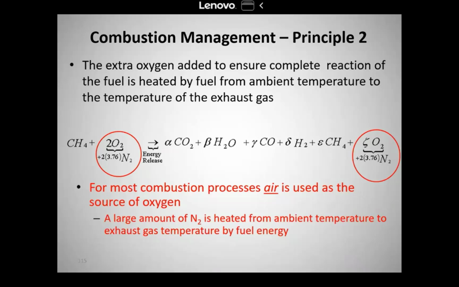So in that equation, I need 2 O2s, so I've got 2 times 3.76 N2. In the utility industry, instead of just talking about nitrogen, they talk about atmospheric nitrogen, N2A.